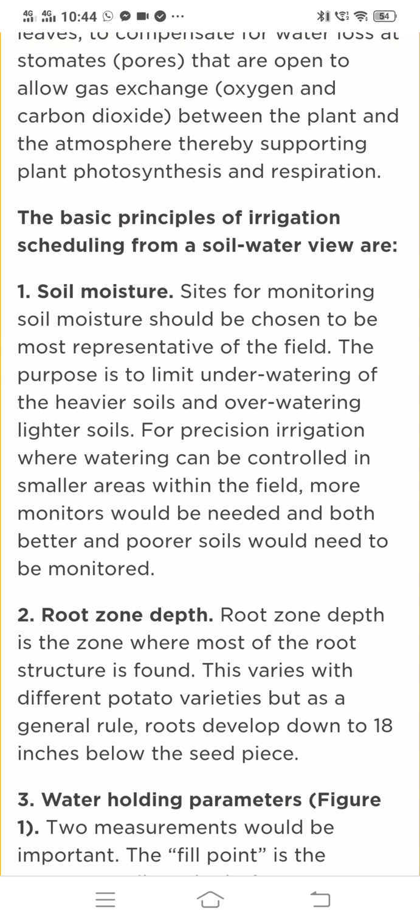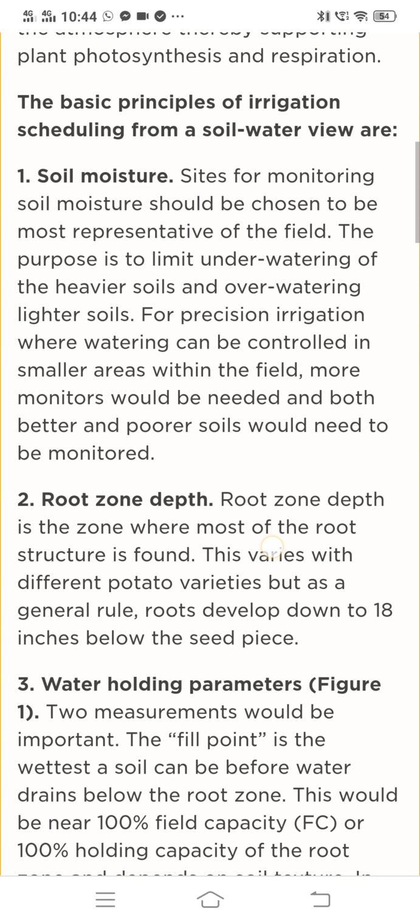Now, the basic principles of irrigation scheduling from a soil water view. First is soil moisture. As we have studied soil moisture and know its importance, the sample chosen should be the most representative of the field.